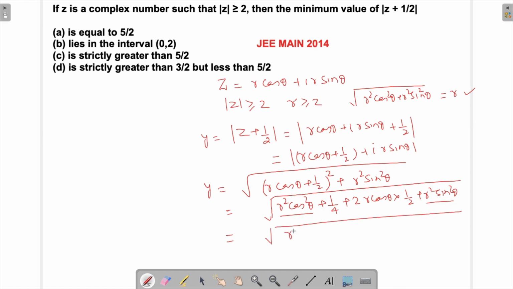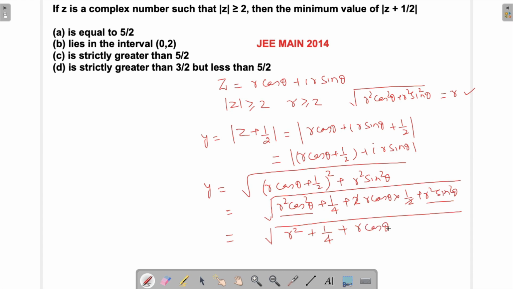So this will become r square itself. And then this will be 1 by 4. And then this 2 and 2 cancel out, and we will have plus r cos theta.